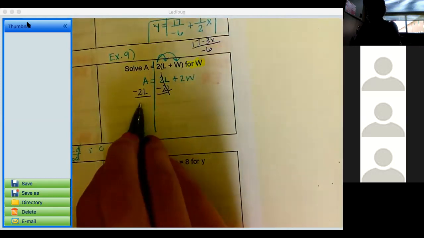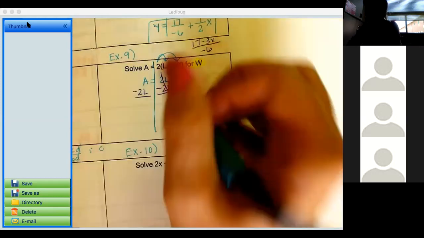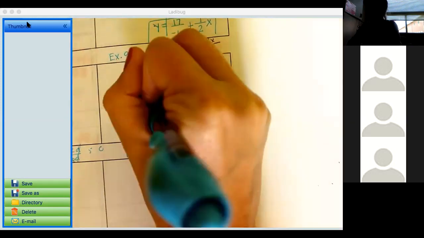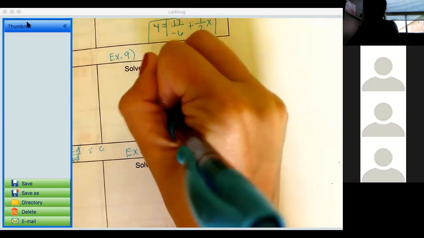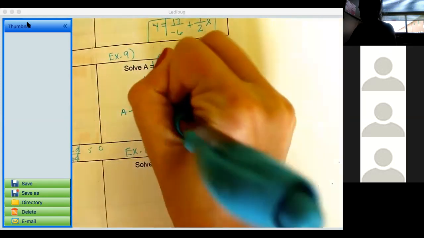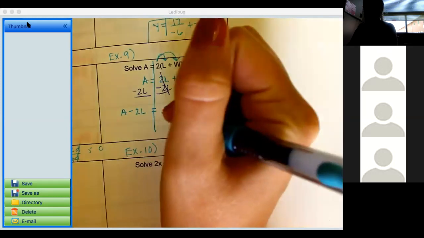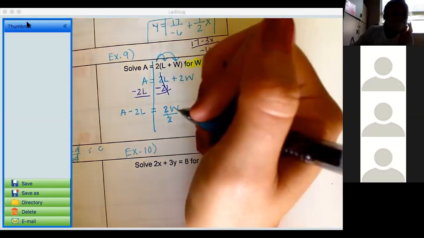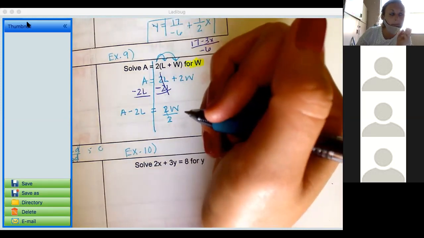All right, can we do A minus 2L? No, so we're gonna leave it. A minus 2L equals 2W, right? Good, divide by 2. Very good. Extra credit. There's 2 ways you could write this one.